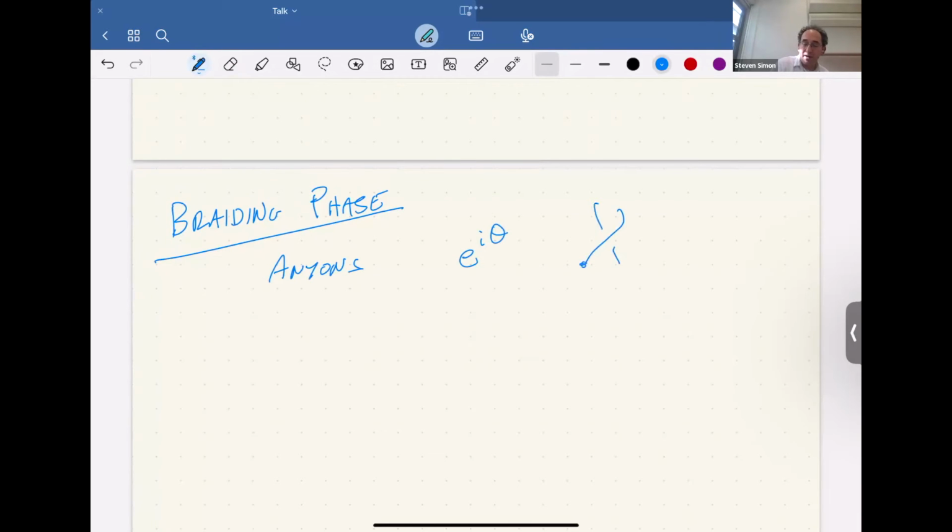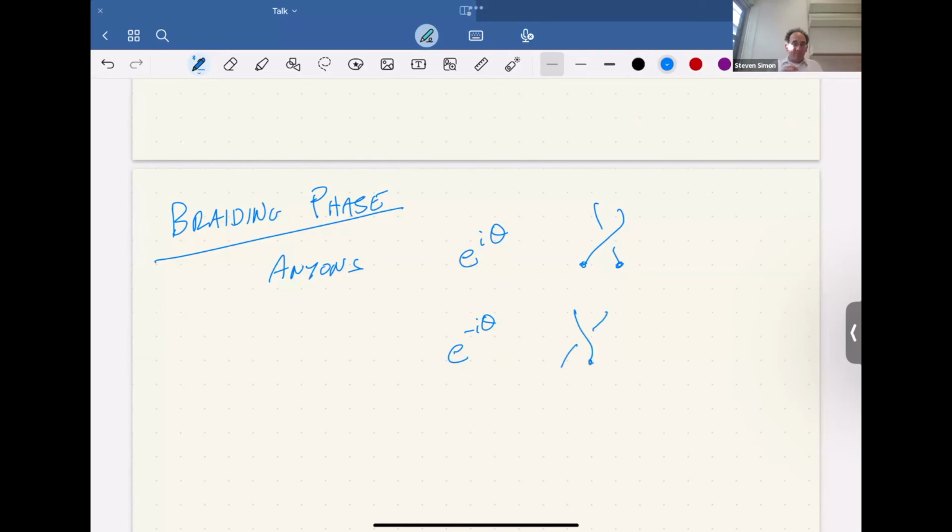So we know that fermions get a minus sign, and bosons get a plus sign when you exchange two particles. But anyons can get a fractional phase if they're exchanged clockwise, and the opposite phase if they are exchanged counterclockwise.